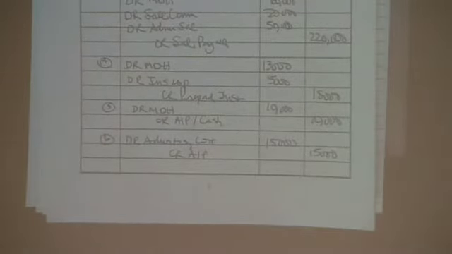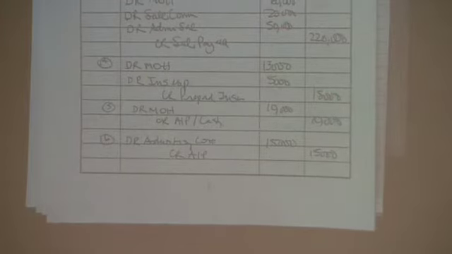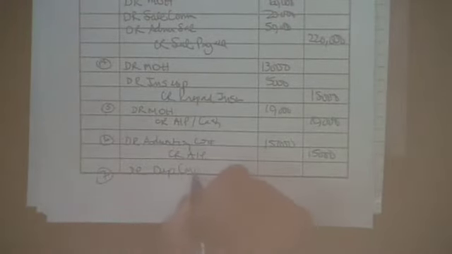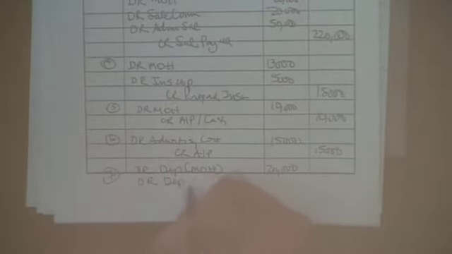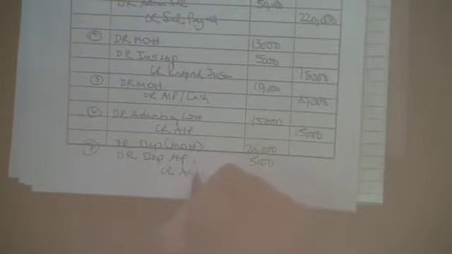And next, we have depreciation of 25. 20 of that went to MOH. Debit depreciation expense, and credit accumulated depreciation, right?